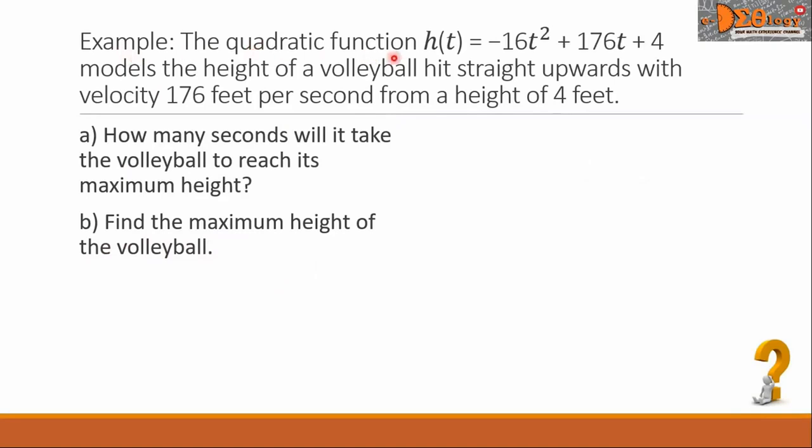The quadratic function h of t equals negative 16t squared plus 176t plus 4 models the height of a volleyball hit straight upwards with velocity 176 feet per second from a height of 4 feet.